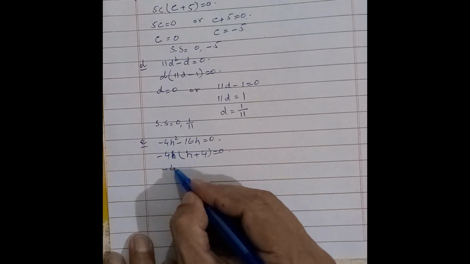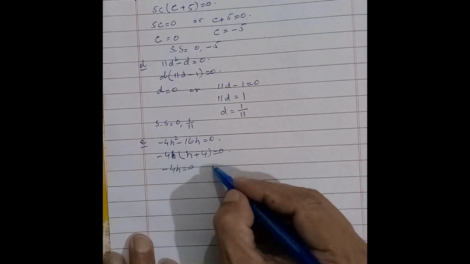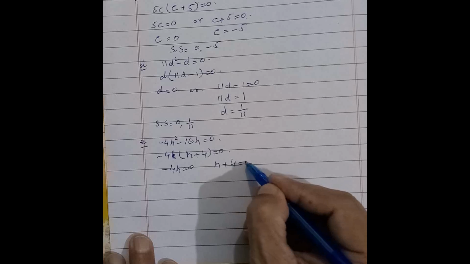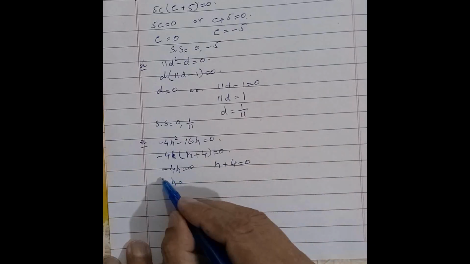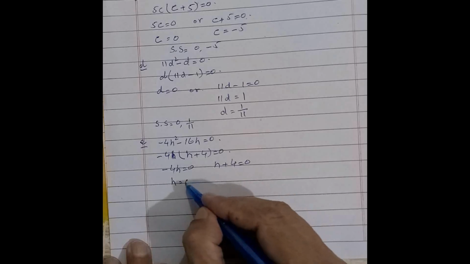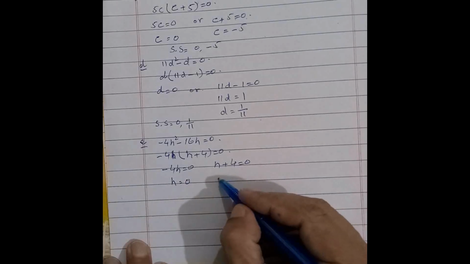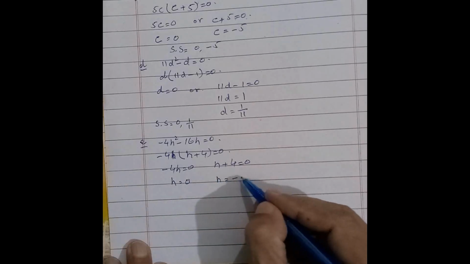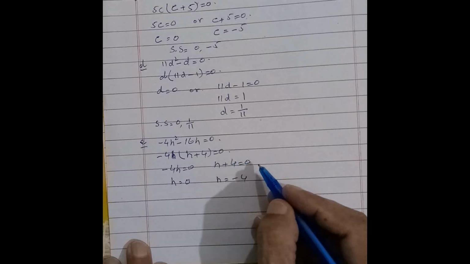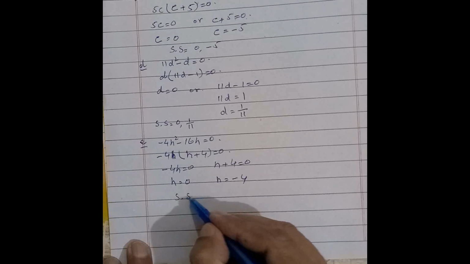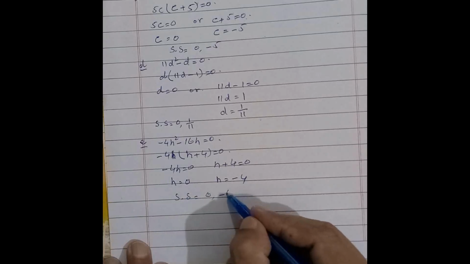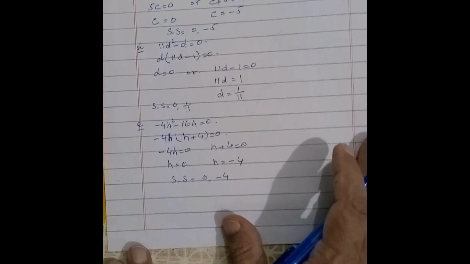And next is minus 4h is equal to 0, h plus 4 is equal to 0. Hence we divide by minus 4 on both sides, get h is equal to 0, and the other value is h is equal to minus 4. Plus 4, when we shift to the right side, gets minus 4. Hence the solution set is 0 and minus 4.